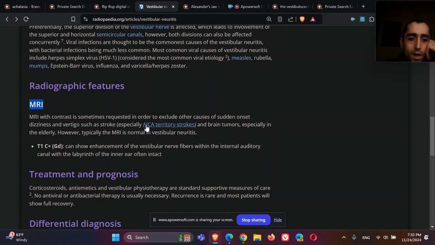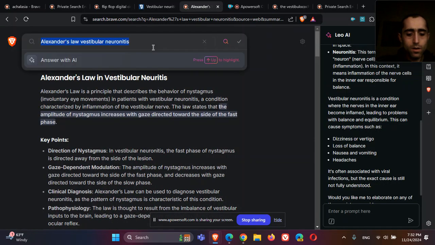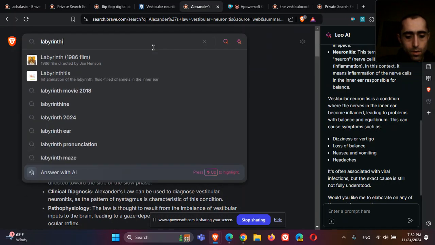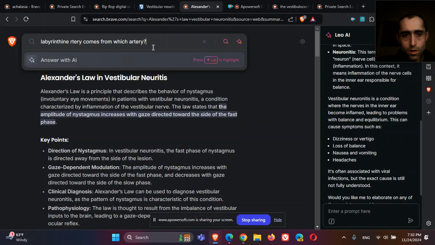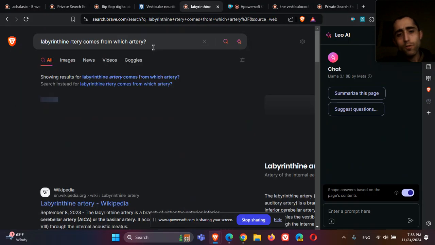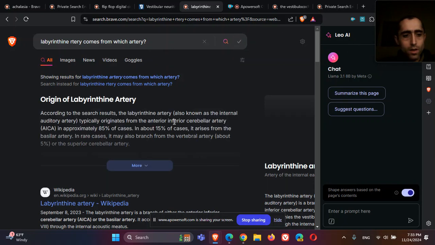You can see here the ICA territory, the anterior inferior cerebellar artery territory that can give blood to the cerebellum. And I think that the labyrinthine artery also comes from the ICA, if I remember correctly. I'm quite sure that it's a branch of the ICA.